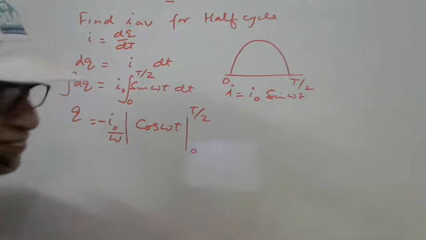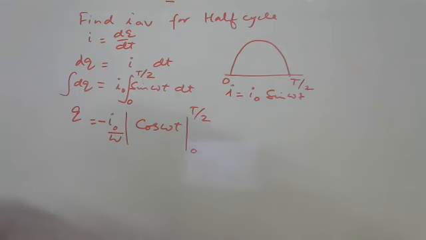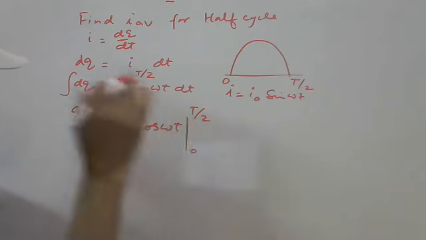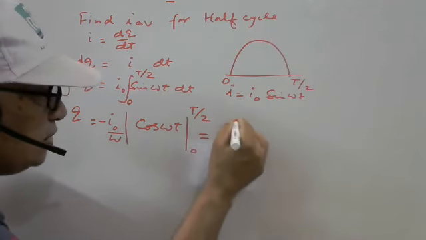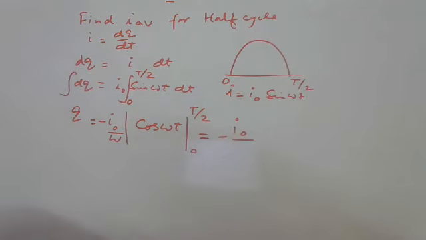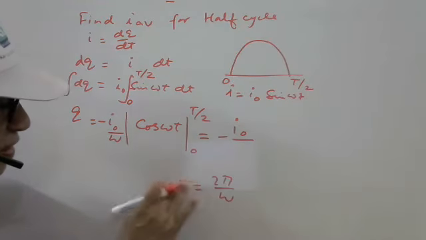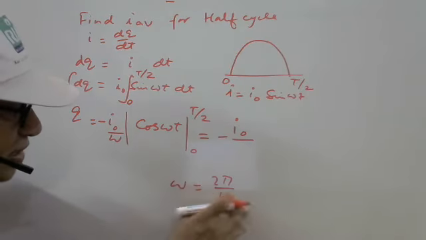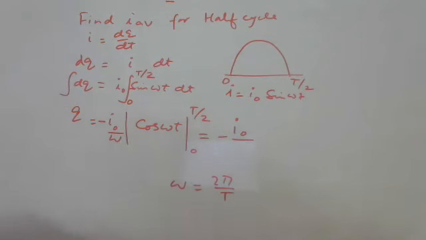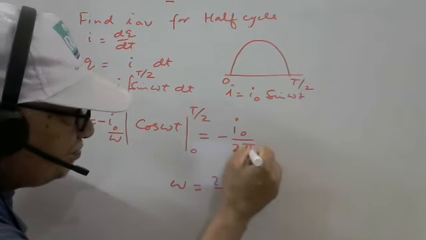Okay, is it clear now? Yes, sir. It's clear now. This is a simple formula. Now putting the value of the limit here, minus I naught upon omega. What is omega? T is equal to 2 pi by omega, so by cross multiplication omega will be 2 pi by t. So we are putting the value of omega as 2 pi by t.